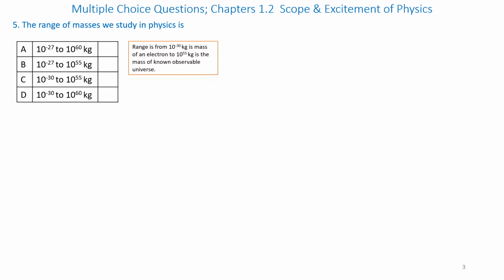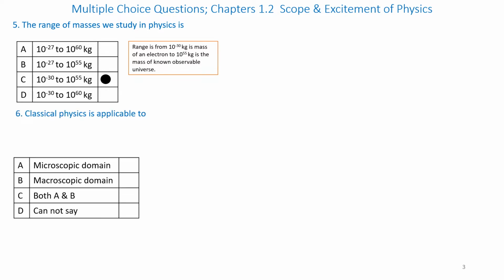So 10 to the power of minus 30 kg is the mass of an electron, and the heaviest object known is the observable universe, and its mass is 10 to the power of plus 55 kg. Hence the range is from 10 to the power of minus 30 kg to 10 to the power of plus 55 kg. So let us mark it. So choice C is the correct answer.